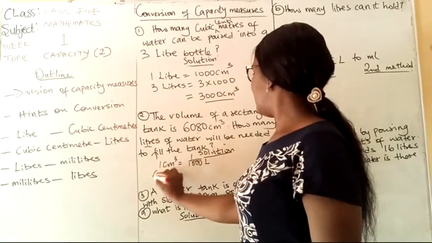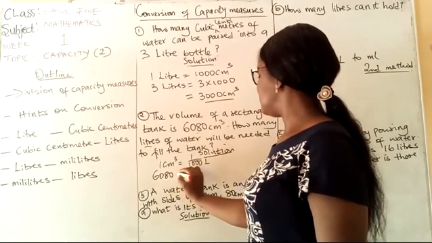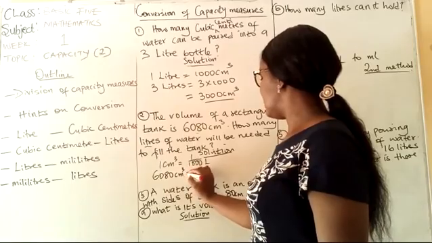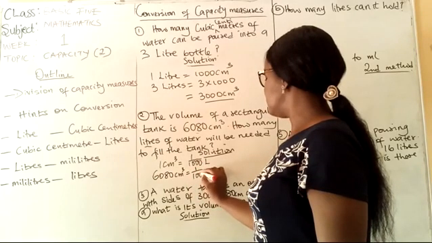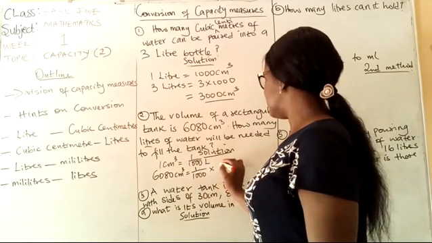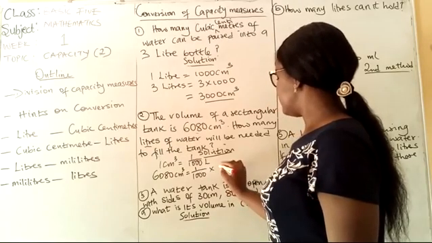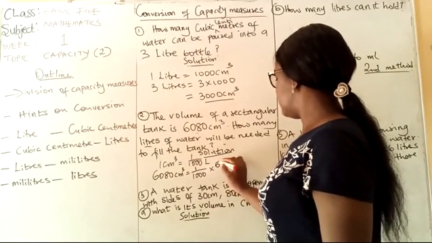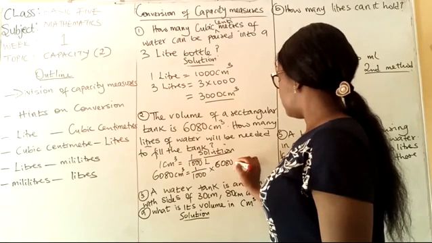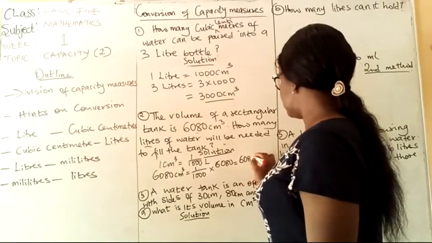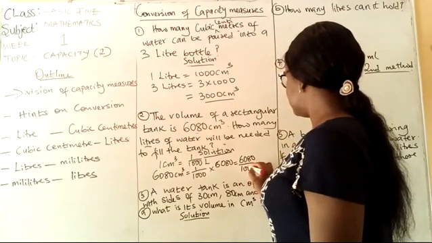Okay, so when we have 6,080 cubic centimeter, we will be having 1 over 1,000 times this. Okay? So that will be giving us this over 1,000.